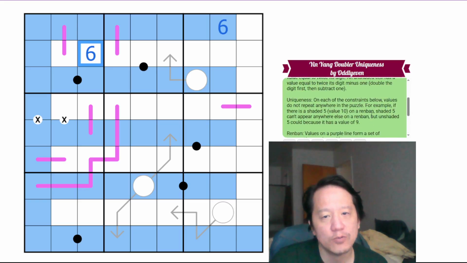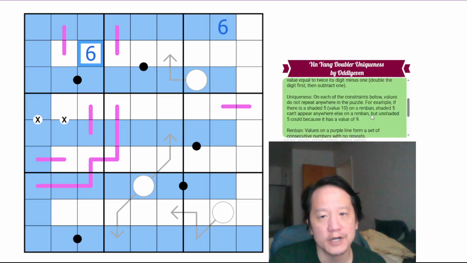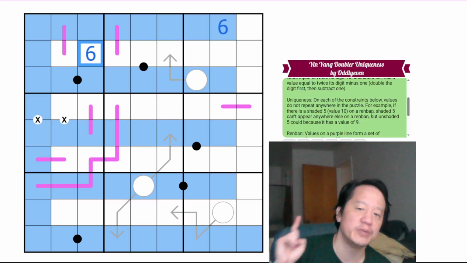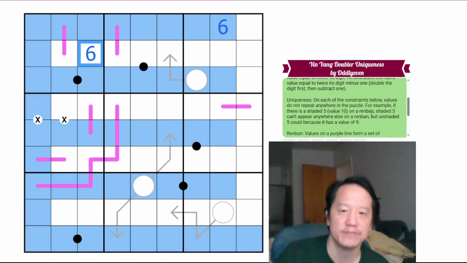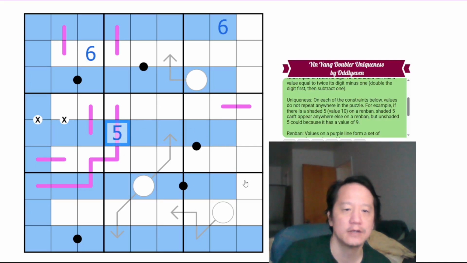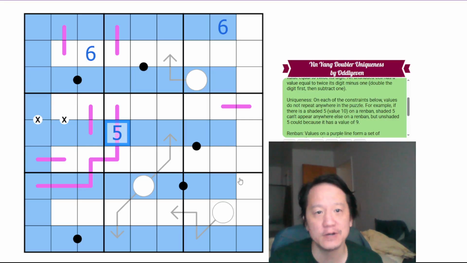Okay. We have uniqueness, where on each of the constraints below, values do not repeat anywhere in the puzzle. For example, if there is a shaded 5, which is value 10, on a Renban, say there was a 5 here that was shaded, which has a value of 10, a shaded 5 can't appear anywhere else on a Renban.